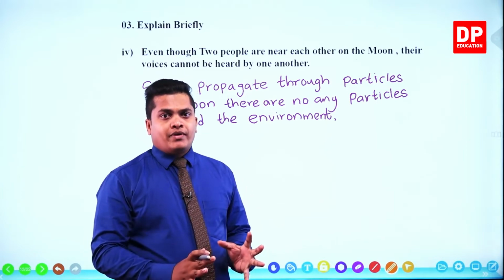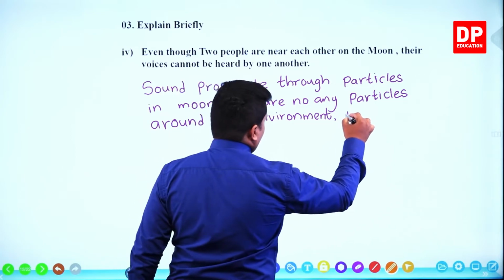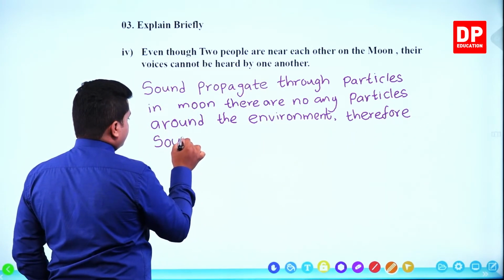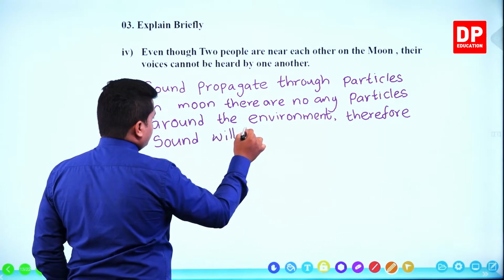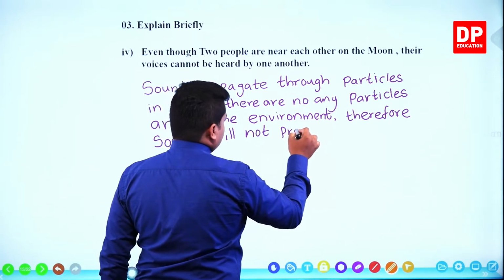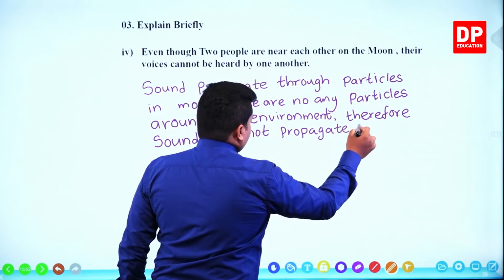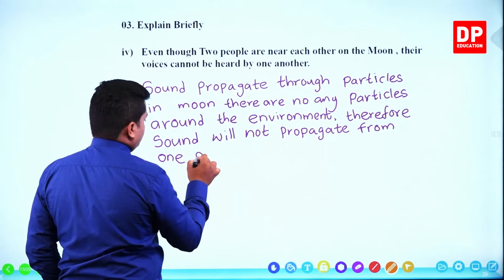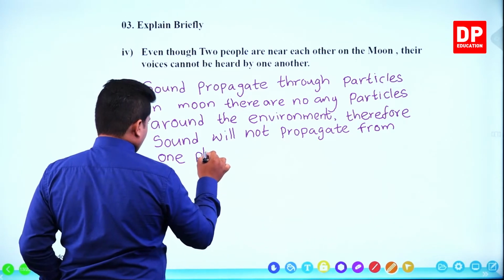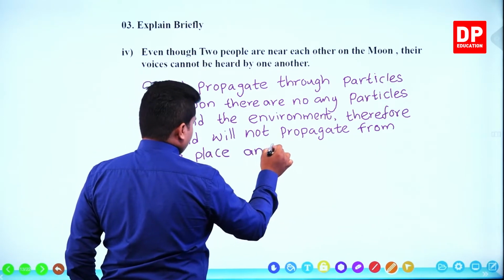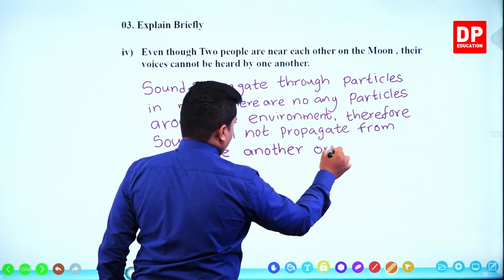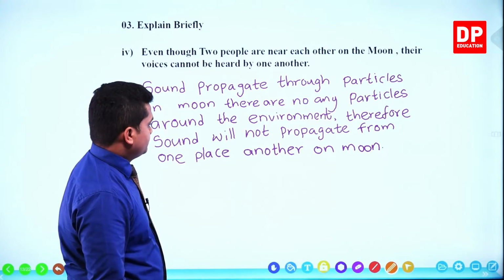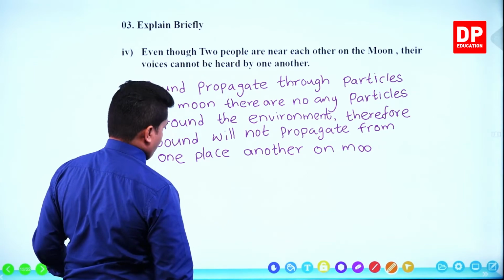Therefore, sound will not propagate from one place to another on the moon.